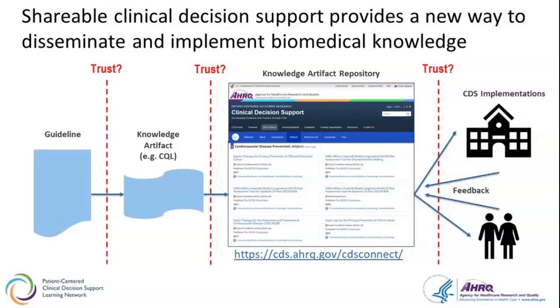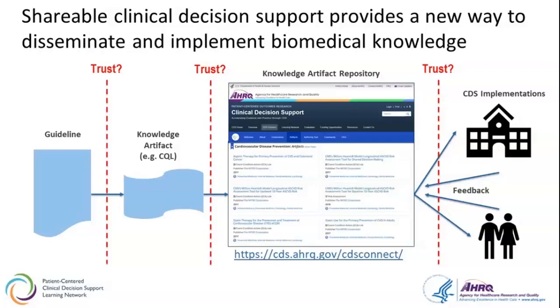Similar questions we could ask as the knowledge artifact goes from CQL into the repository, issues around intellectual property, indemnification, what have you. And then on the far right, trust around who's using it, what kind of feedback they're providing, and is that feedback trustable enough to make changes or force changes back within the repository, again going backwards from right to left.